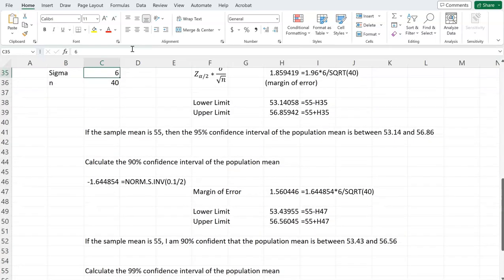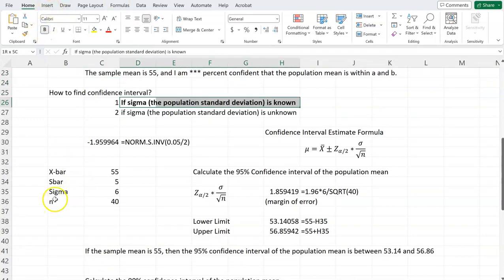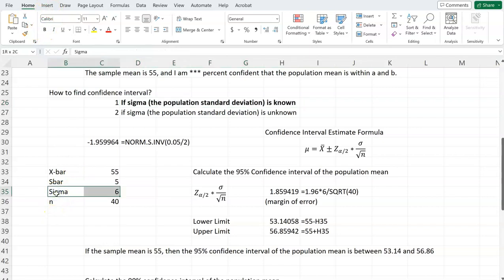So we have just done our first part, which is if the population standard deviation is known. If I know the population standard deviation, which is sigma, I will use the normal distribution to find my z-values.